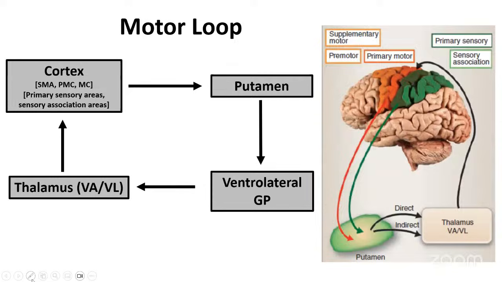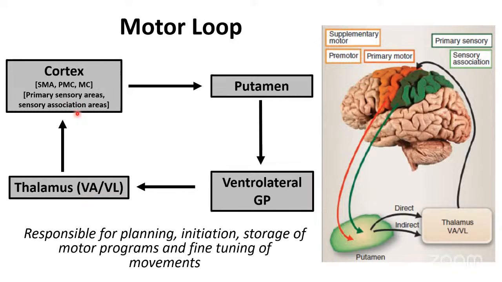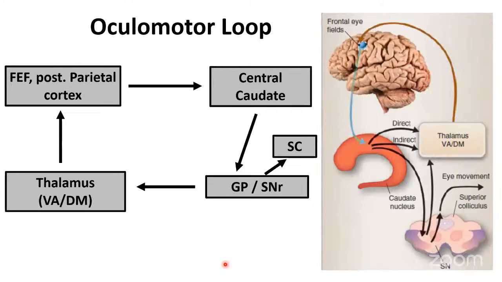In the motor loop, the impulses from the cortex go to putamen, and from putamen to ventrolateral globus pallidus, and from the globus pallidus to thalamus. So this is the motor loop, which is responsible for planning, initiation, and storage of motor programs and fine tuning of the various movements done by our body.